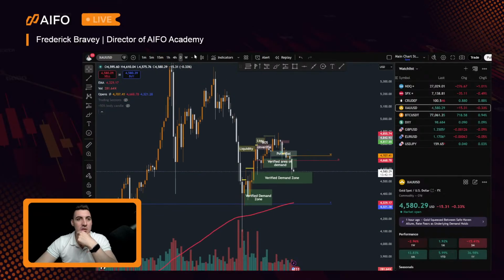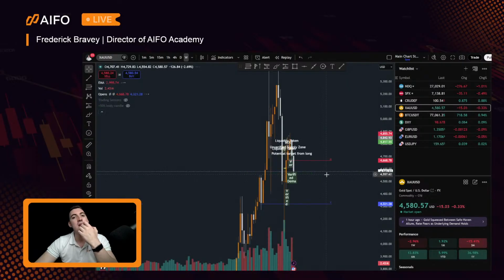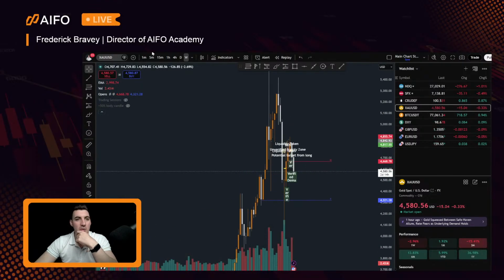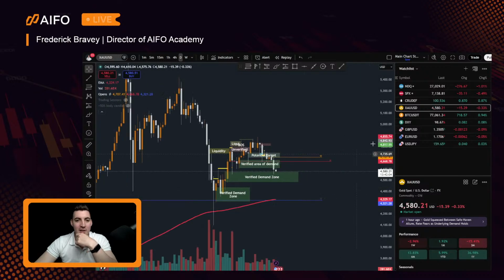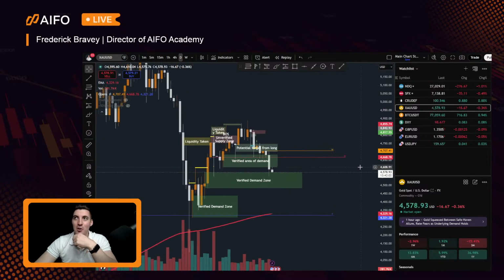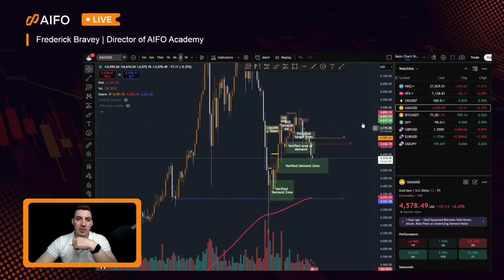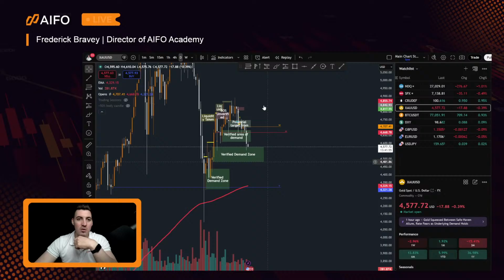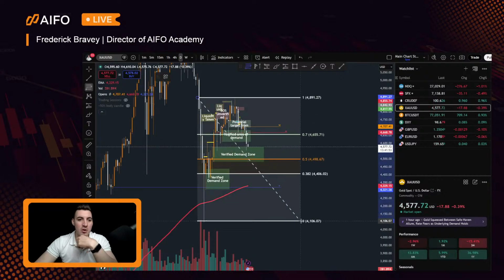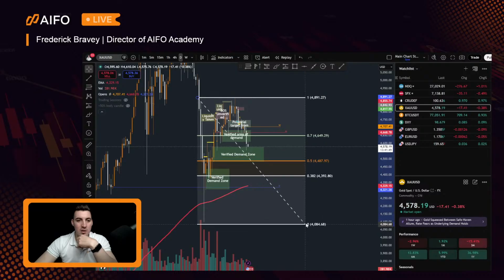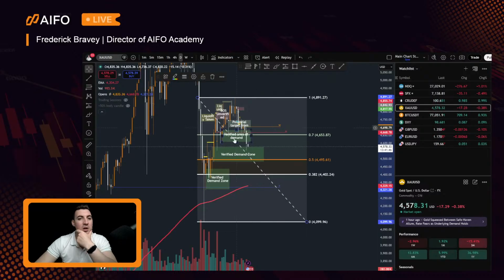Let's drop out to the weekly, because we are in. Oh no, let's drop to the daily, because my goodness, the weekly is too bullish. What we could be looking at is, okay, let's take the swing high. We've got the swing low. And what we could see is that the price would likely come down into that verified demand zone, maybe a little bit further.